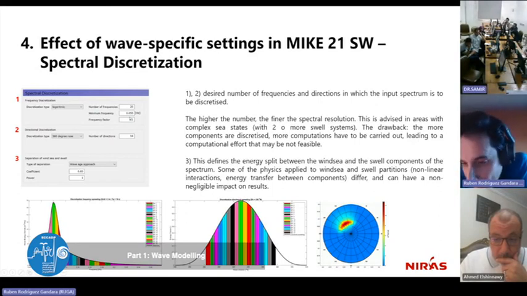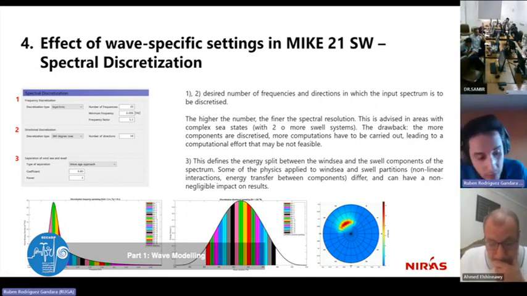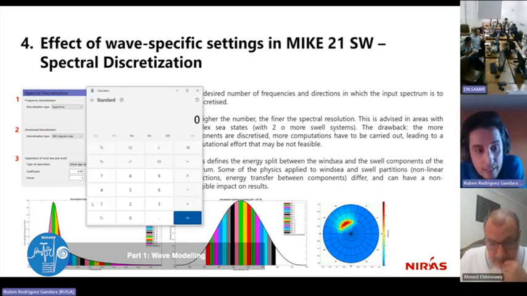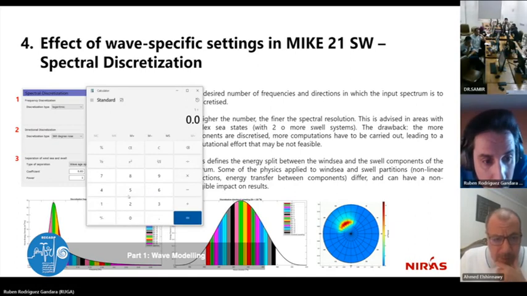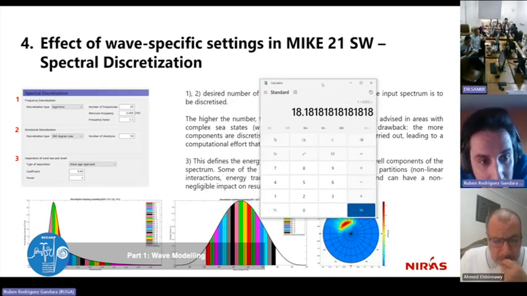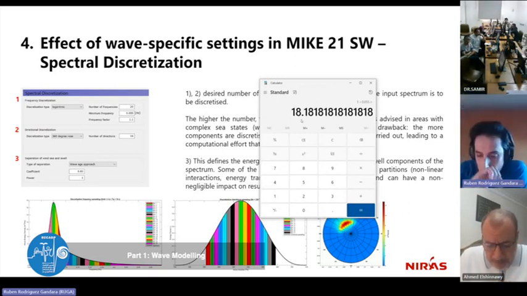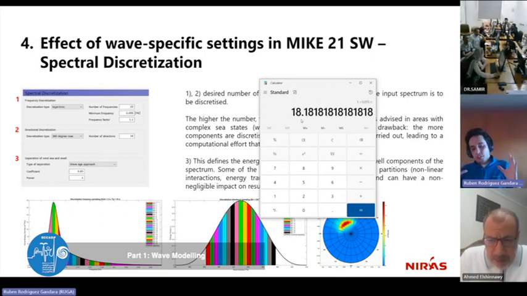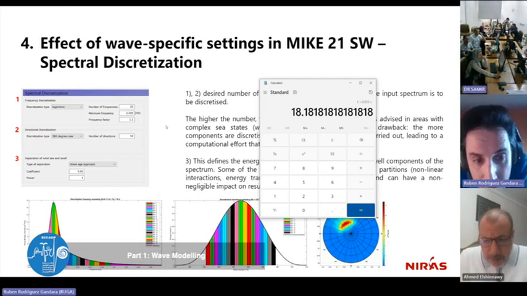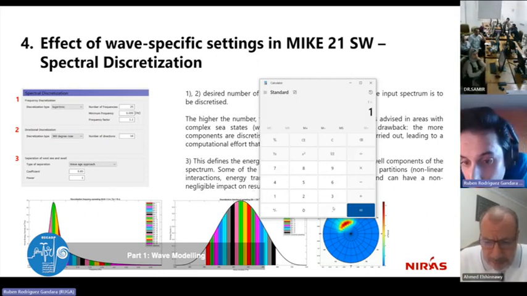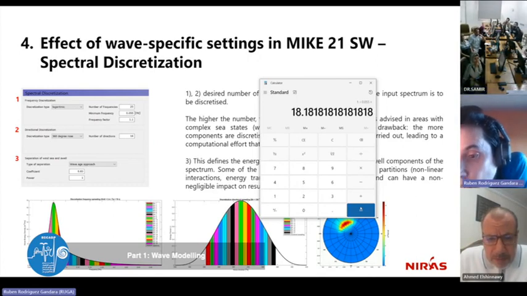If you divide 1 over that number, what it is telling you is that if you leave it at 0.055, when you have your boundary conditions and your sea state that you want to simulate, with an Hs, a Tp, and a mean wave direction, you are going to model waves of up to 18 seconds.